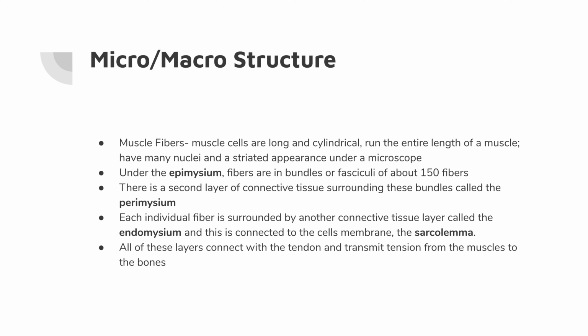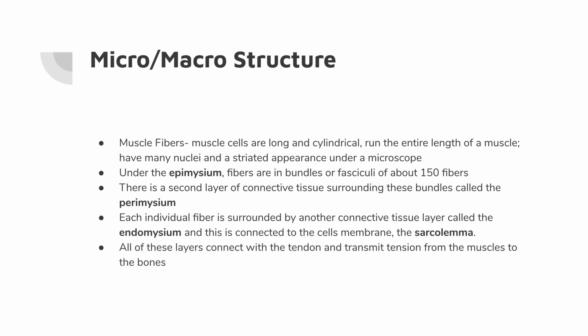Sarco is a portion of a word that has to do with reference to muscle cells. And we see this with the full anatomy of a muscle cell structure. We also refer to the fluid inside as sarcoplasm instead of cytoplasm. Again, that's a prefix that's associated with muscle cells.